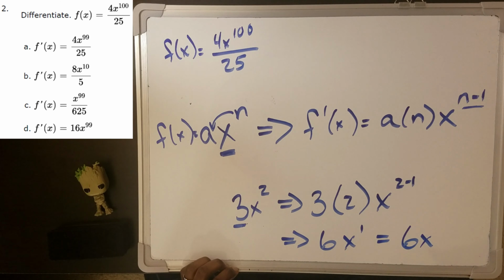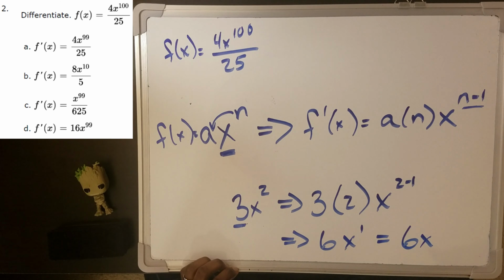The first thing I like to do is try to get it to look like f of x equals a x to the n, where we have a coefficient and an exponent. Right now we have a little bit going on, and it might not be clear if it hits this exact form.